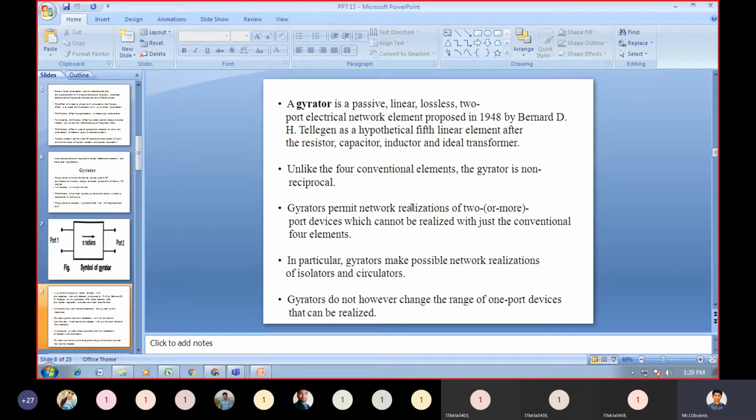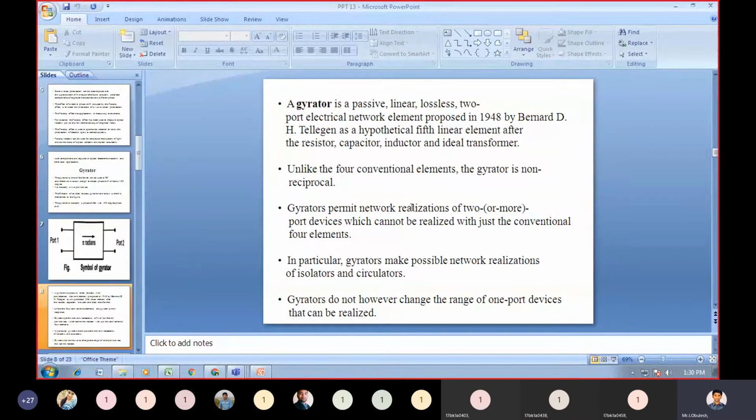Unlike the four conventional elements we mentioned earlier, the resistor, capacitor, inductor and ideal transformer, the gyrator is a non-reciprocal element.